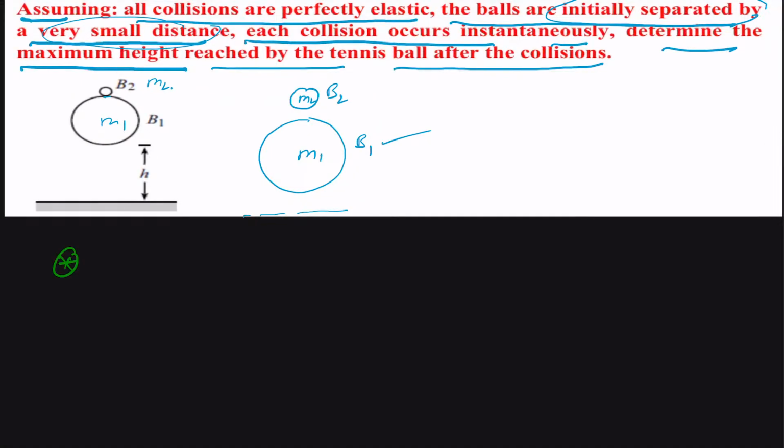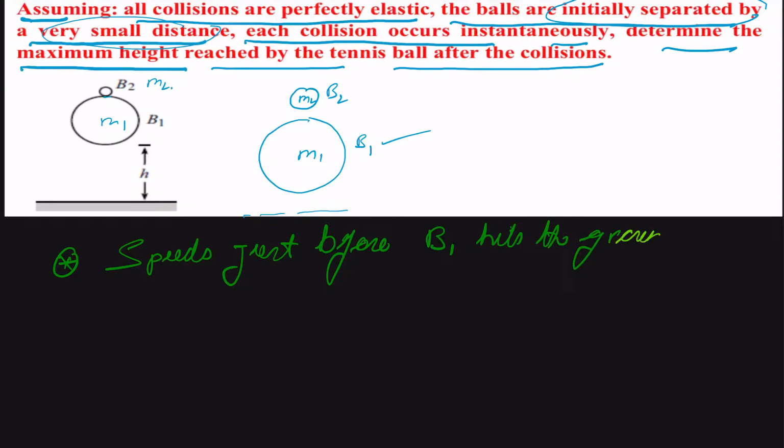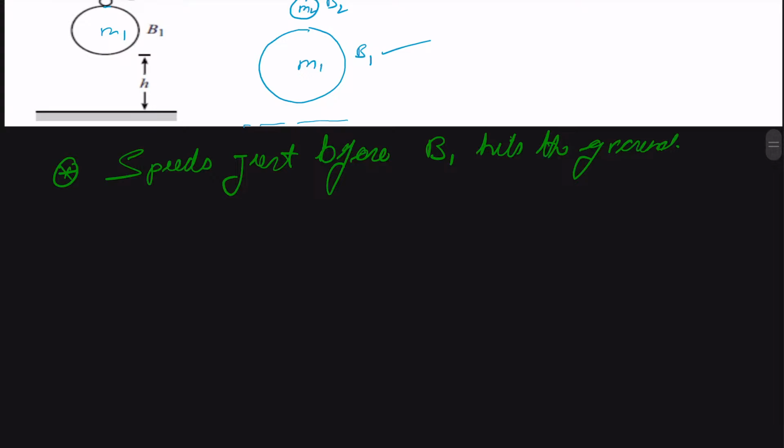So you can say that our speeds just before the basketball, let us call this B1, hits the ground. The mass of this basketball is given to us as m1, and it falls from the height h.